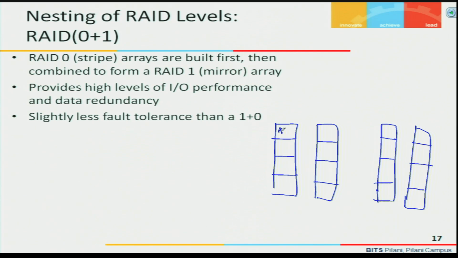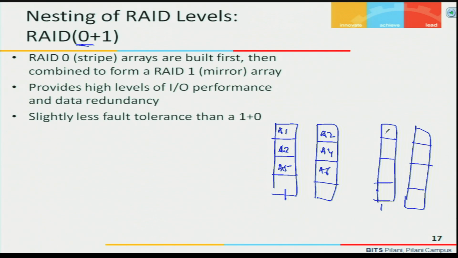Now, first construct the RAID 0, for 0 plus 1. So, A1, A2, A3, A4, A5, A6 and so on.